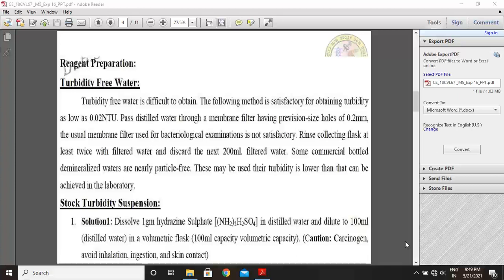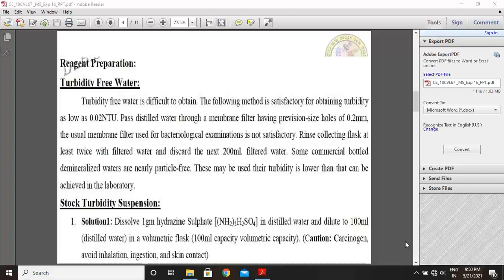Okay. Next reagent is stock turbidity suspension. So how to prepare this stock turbidity suspension? Here solution 1 is required.